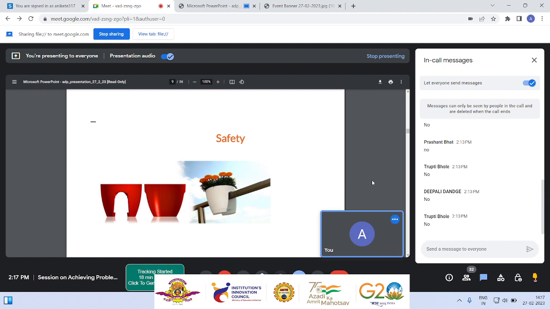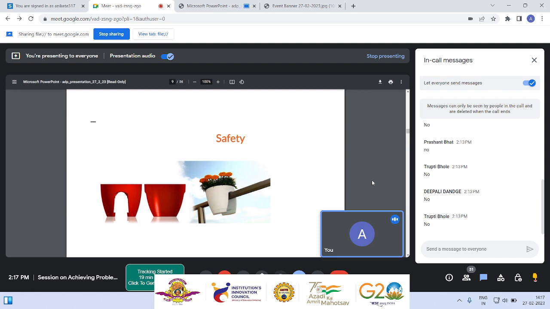Now, what happens generally when we keep the plants in the balcony region, there is a danger or an accident that can occur, that the plant pot or the vessel can fall due to some irresponsibility or due to some factors.